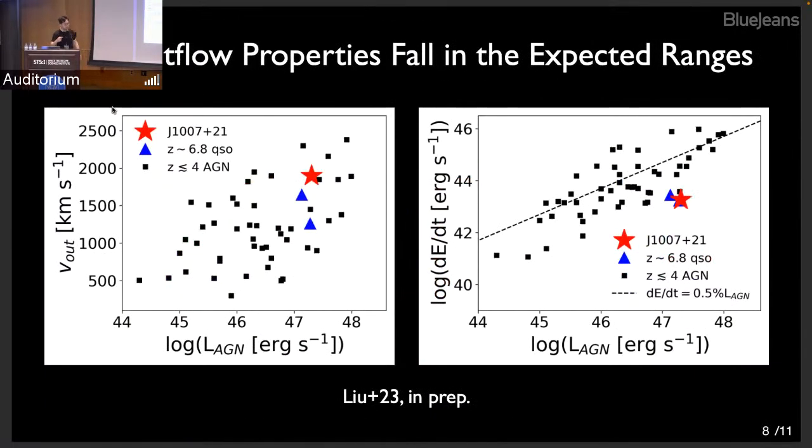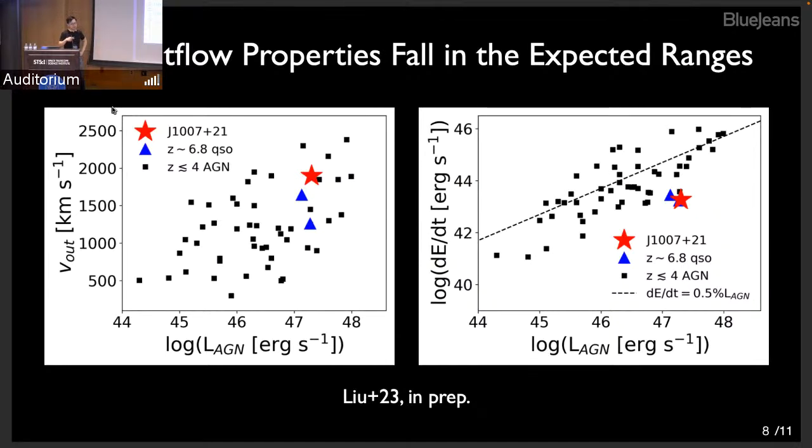So if that's true, we can compare the properties of the outflow detected to other AGN or quasar-driven outflows in the low redshift universe. Here we are looking at the outflow velocity as a function of AGN luminosity on the left, and the kinetic energy outflow rate as a function of AGN luminosity on the right. Our object is the red star, and the two triangles are some recent discoveries of two redshift 6.8 quasars which also have outflows.